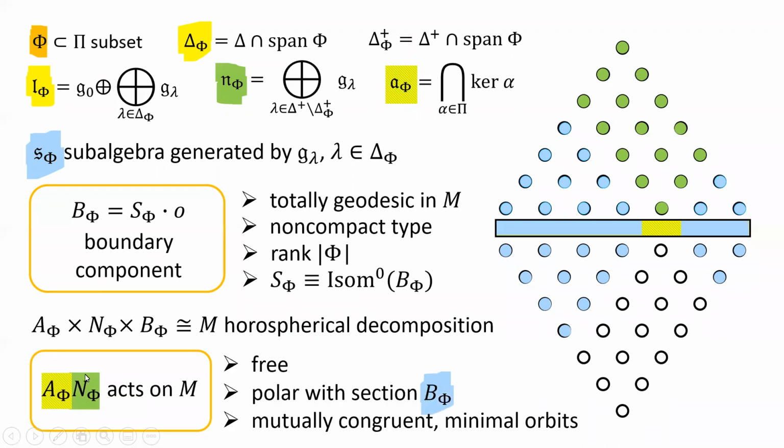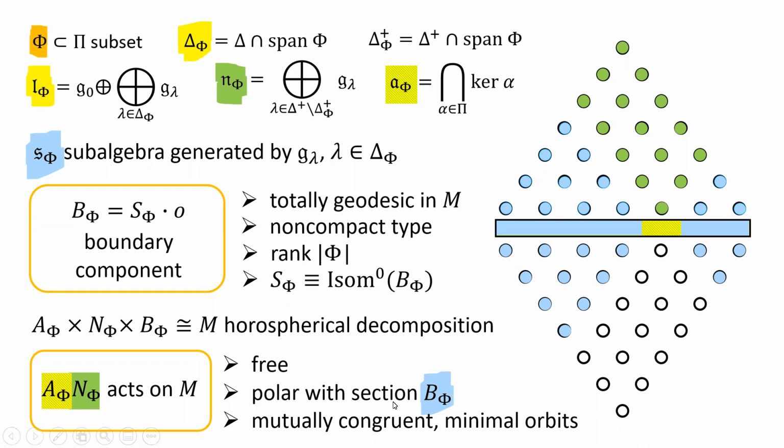This is a Lie subgroup of G. It acts isometrically on M, and it turns out that this action is free. It's polar, and polar means that there is a submanifold of M intersecting all the orbits of this action, and always perpendicularly. This submanifold is called a section.